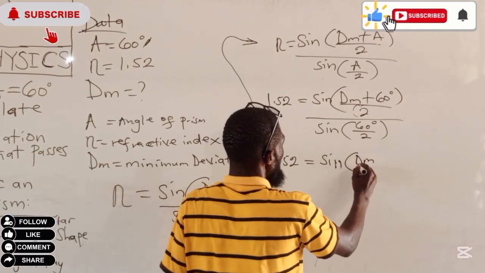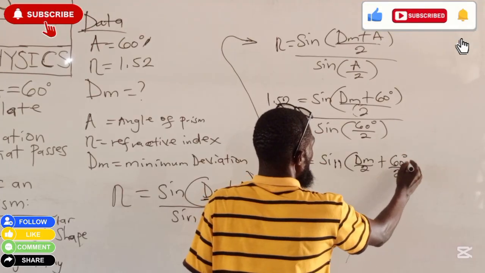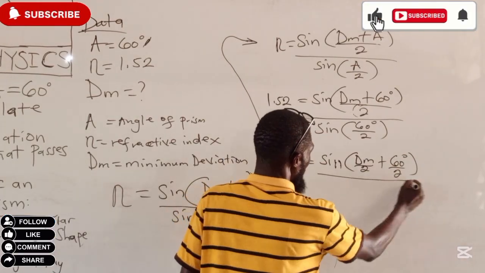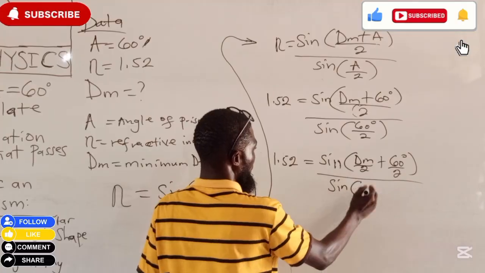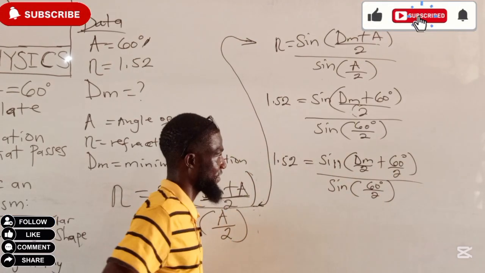So we have the minimum deviation over 2 plus 60 degrees over 2, parenthesis closes, over sin, parenthesis open, 60 degrees over 2, parenthesis closes.